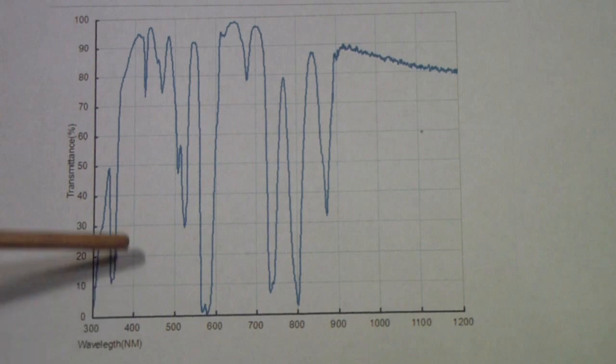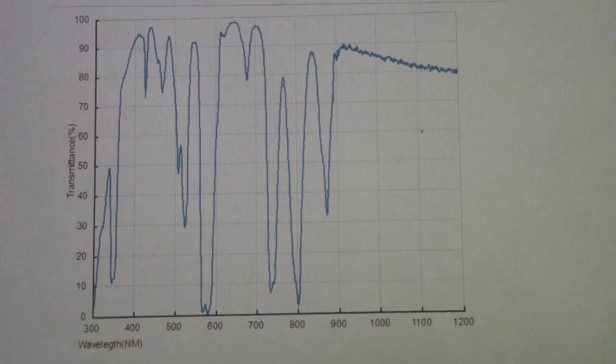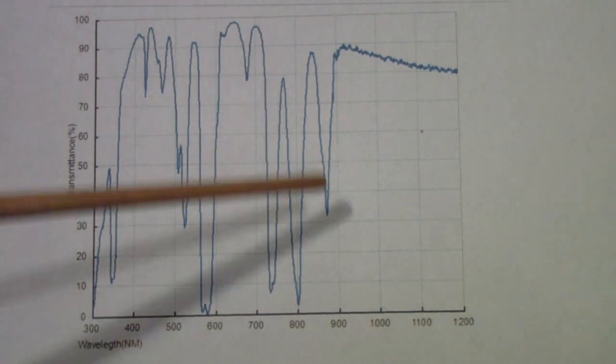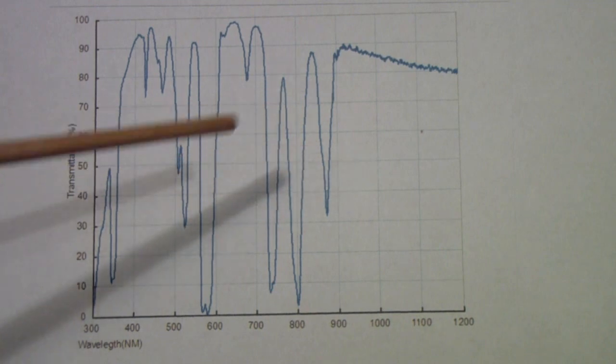The visible light, most people's vision starts closer to 400 nanometers, and normally goes up to about 800 or a little higher nanometers in the infrared.